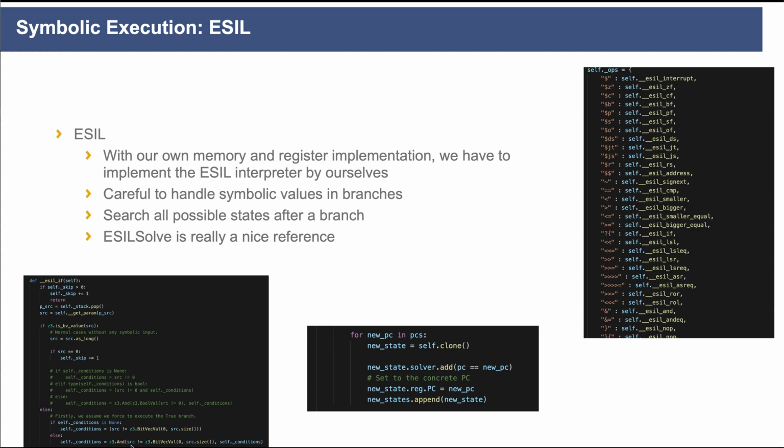For example, here source doesn't equal 0, and then after we interpret this macro code, we search the possible PC. For example, we just add the condition of true. In this function, we could search whether it could be false or the other branch. So in this case, ESIL solver is really a nice reference, and I learned much symbolic execution knowledge from the ESIL solver, and still we do our unique optimization on our side.